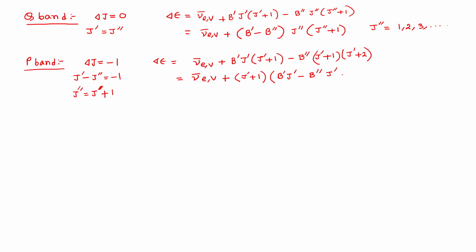And I have B dash J dash, and taking common (J dash plus 1) where I am writing B dash minus 2 B double dash.